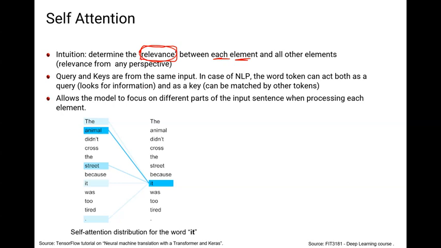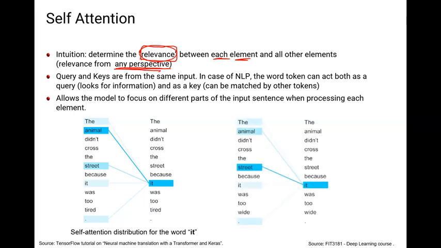Relevant in terms of what? Because when we talk about relevance, it must be in terms of something, from some perspective. So here I give you two sentences. They look very, very similar, except the last word. Keep that in mind.